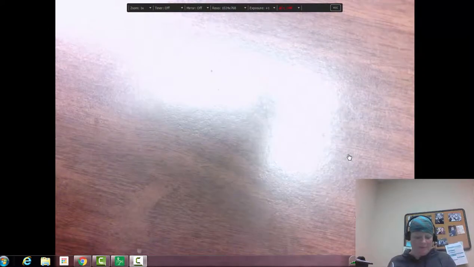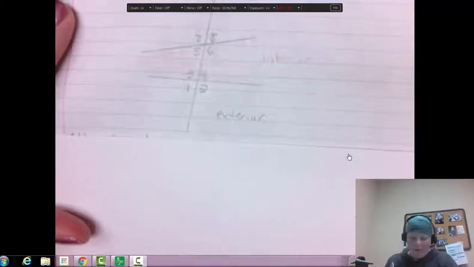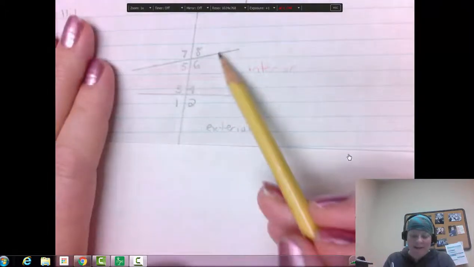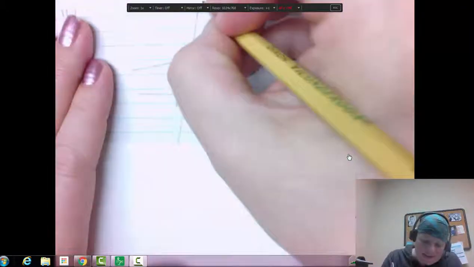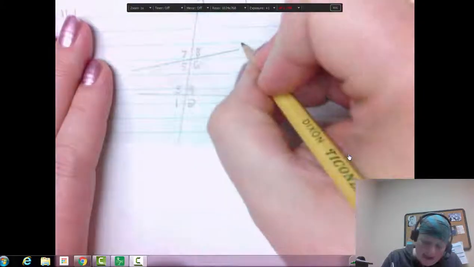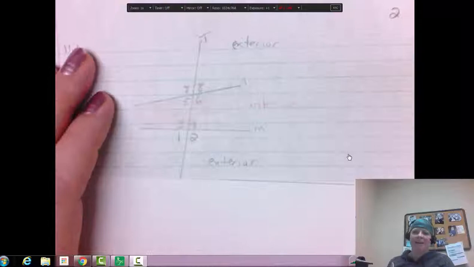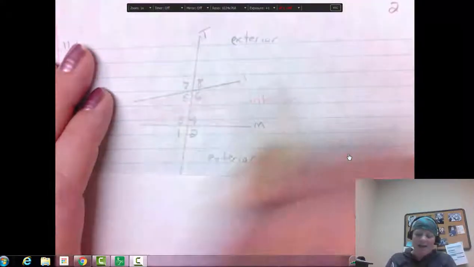What we need to know is that we have a couple different ways to label each angle that it forms when you draw this transversal. These are not parallel lines, and we can call this T, and this L and this M. That's typical. So T, L, and M: transversal, line L, line M.